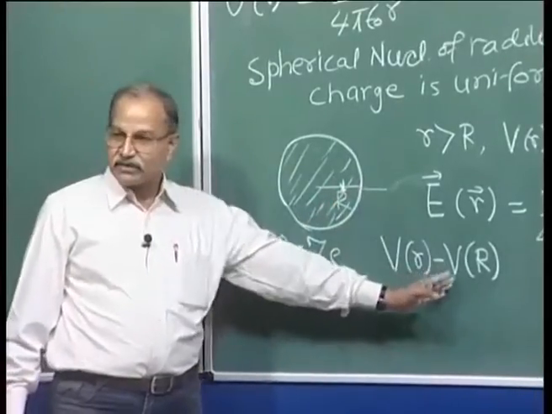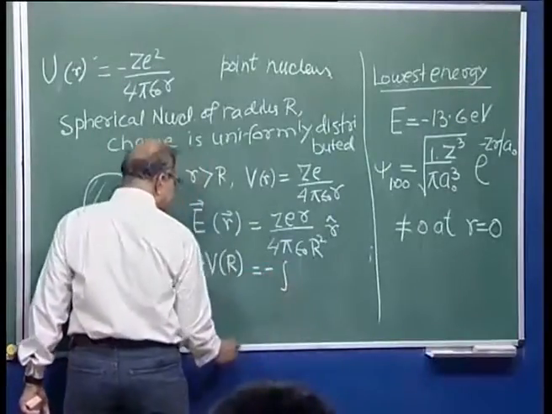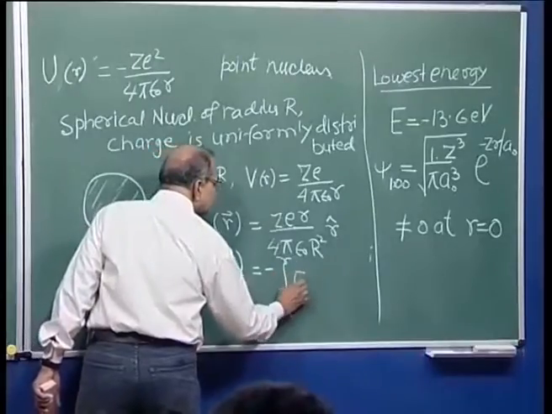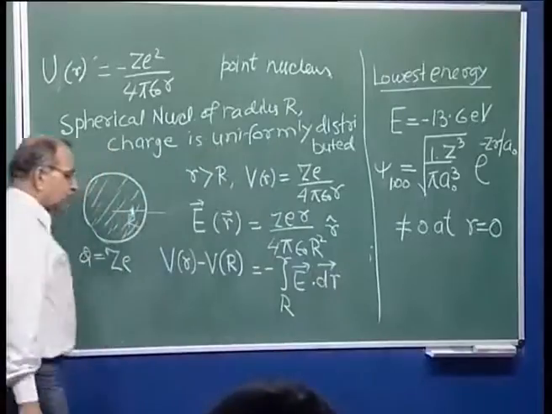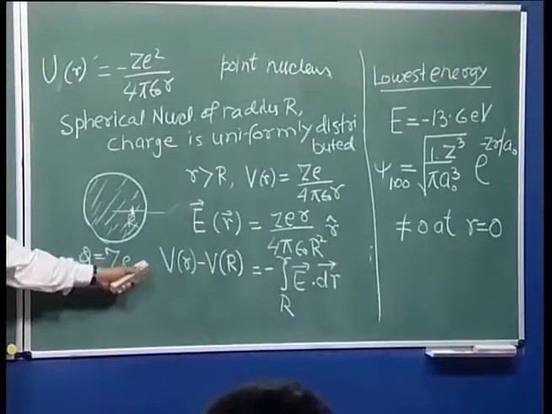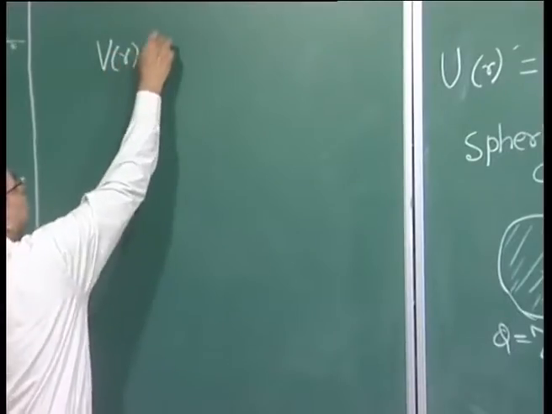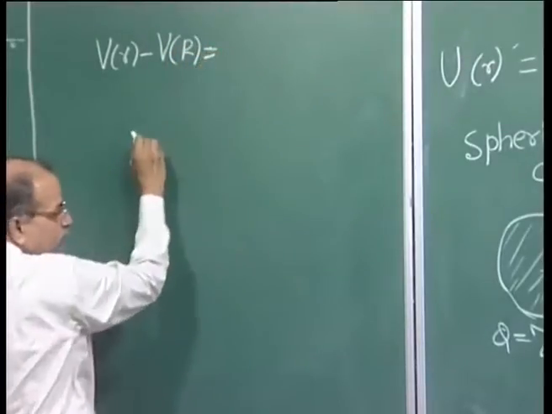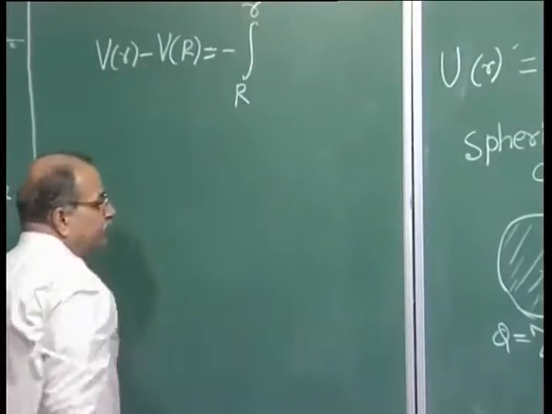V r minus V capital R is by definition minus the integration from capital R to small r of E dot dr. That is how you define potential difference.